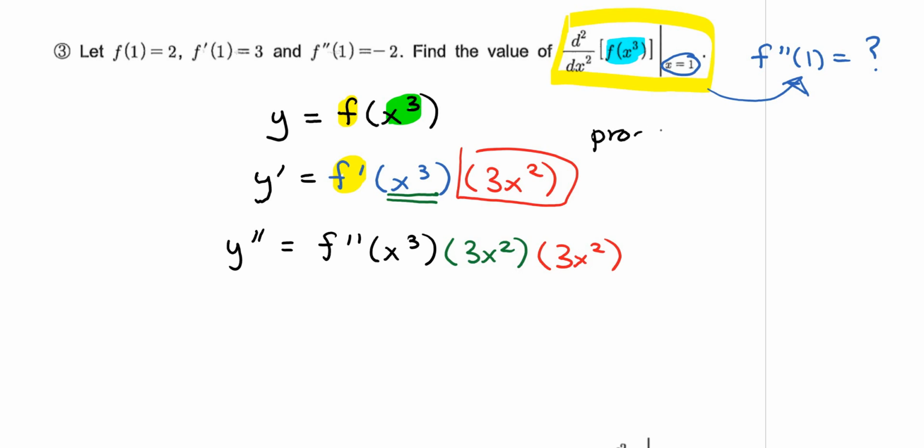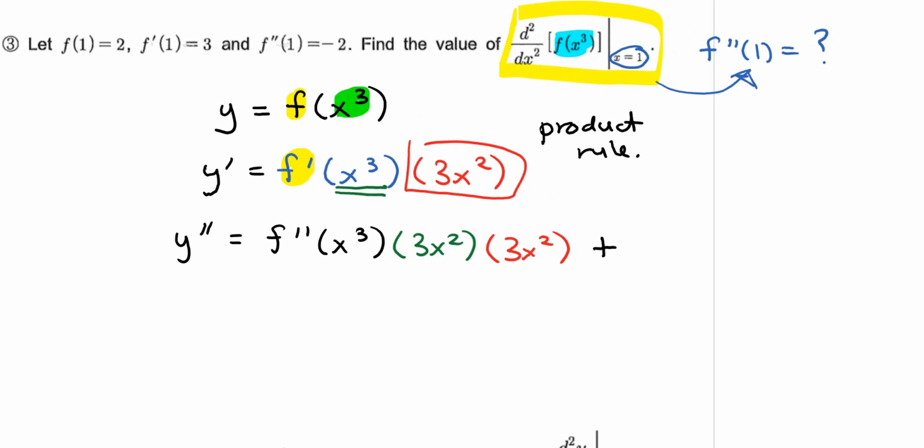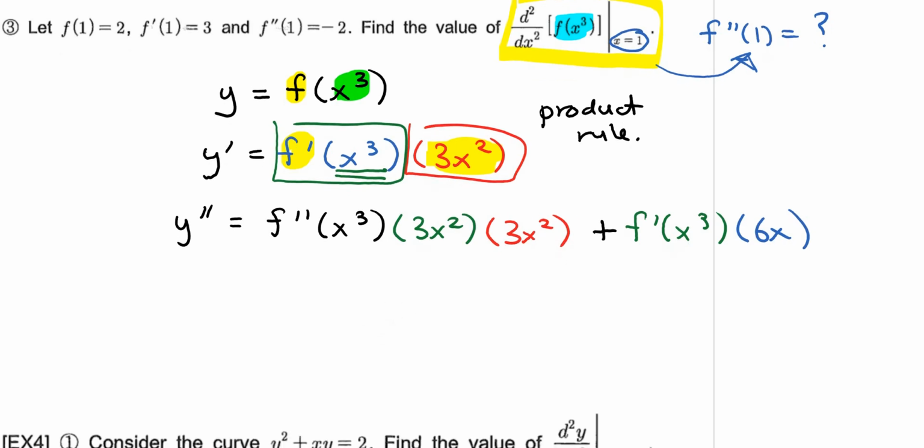If I want to find the second derivative, you just use the product rule. And the product rule states that I need to add now the first term, which is f prime of x cubed, times the derivative of this second term. So the derivative of 3x squared is going to be 6x. Okay, so that's my second derivative right there.